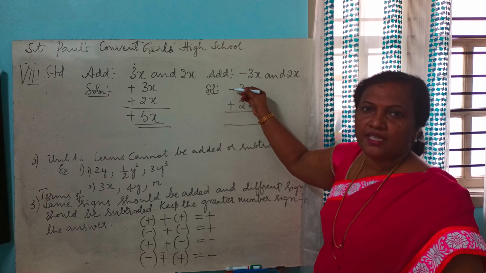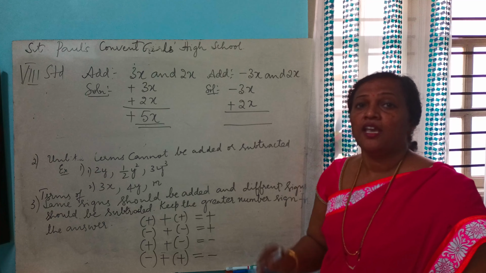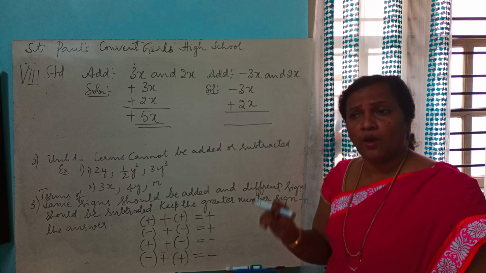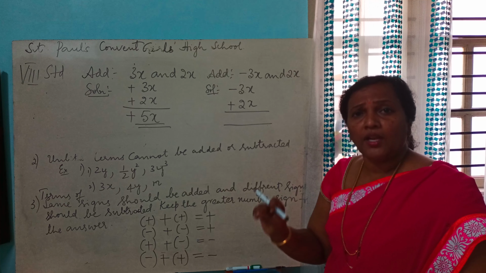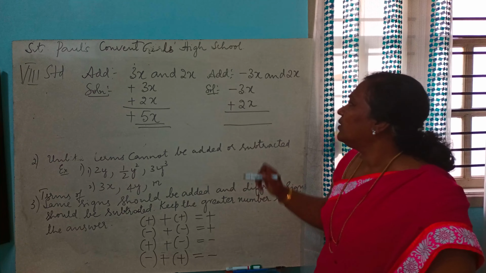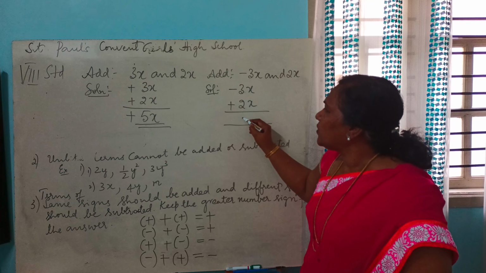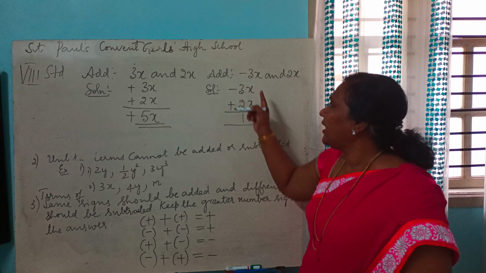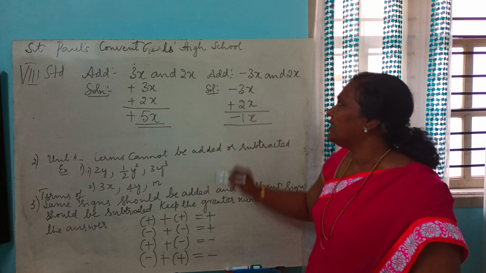One has plus and the other has minus. Different signs should be subtracted. How will you subtract? Always the smaller number should be subtracted from the bigger number. So 3 minus 2 is 1x. For the answer you should always keep the greater number's sign, that is minus.